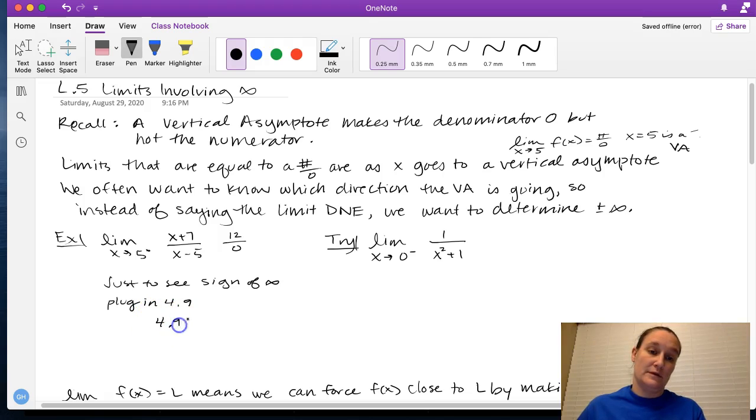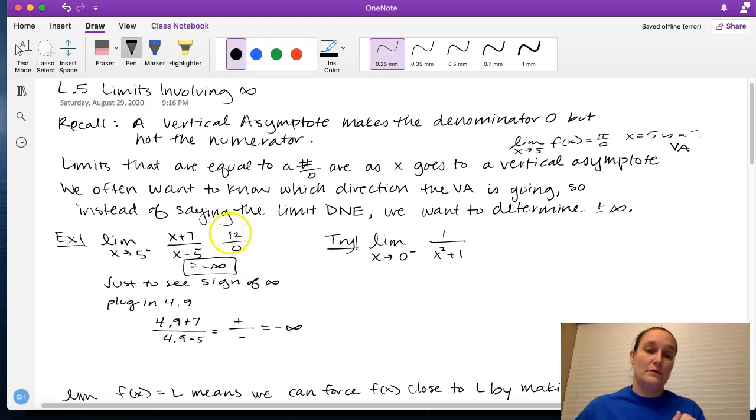So we're going to do 4.9 plus 7 over 4.9 minus 5. Hopefully it's easy to see in the numerator, I don't care what number it is, I just care about the sign. You don't need to calculate this, you just need to know what the sign is. So 4.9 plus 7 is positive, and 4.9 minus 5 is going to be a minus. Positive divided by negative is negative infinity. So this limit is equal to negative infinity.